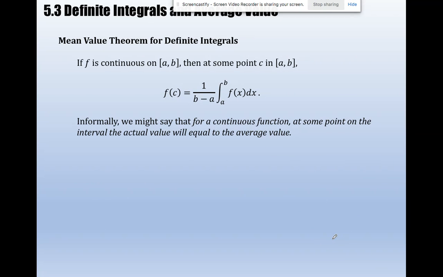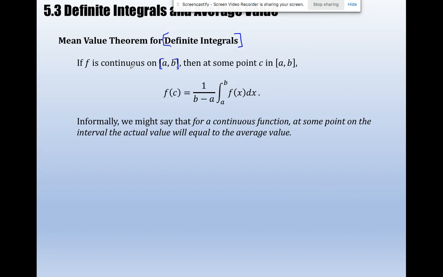Mean value theorem. And we're back. The mean value theorem for definite integrals, not for derivatives. As long as you are continuous, remember the mean value theorem for derivatives needs you to be continuous and differentiable.